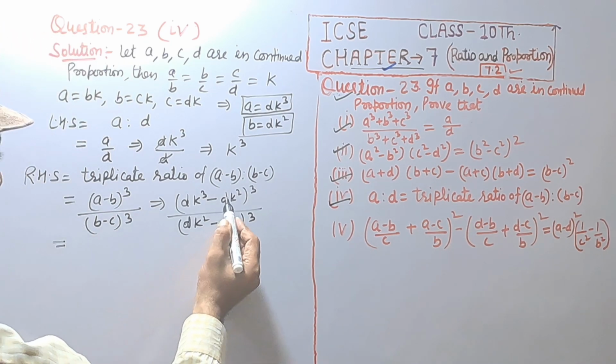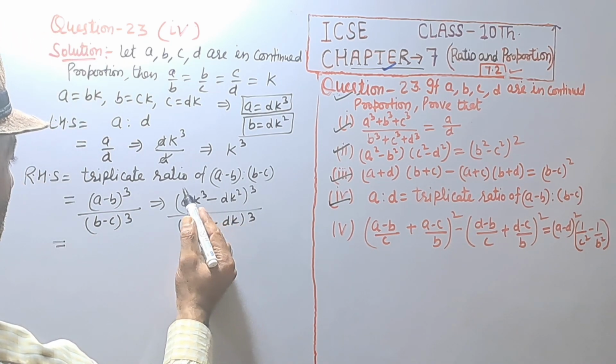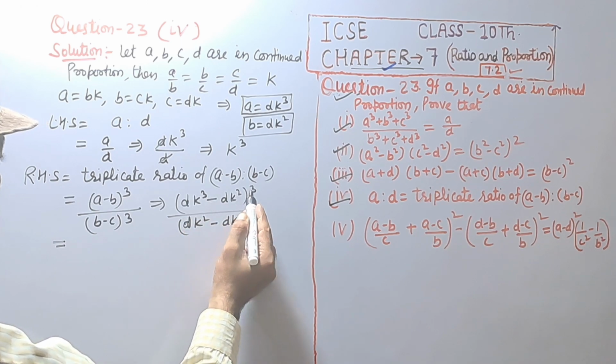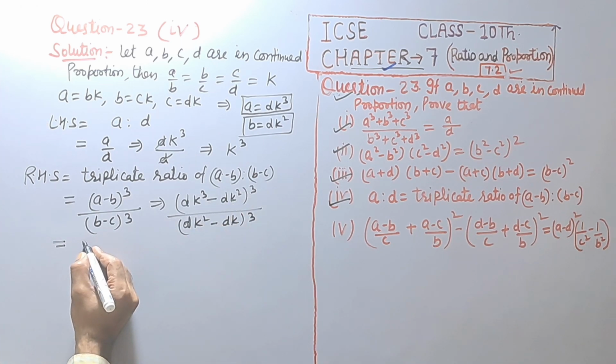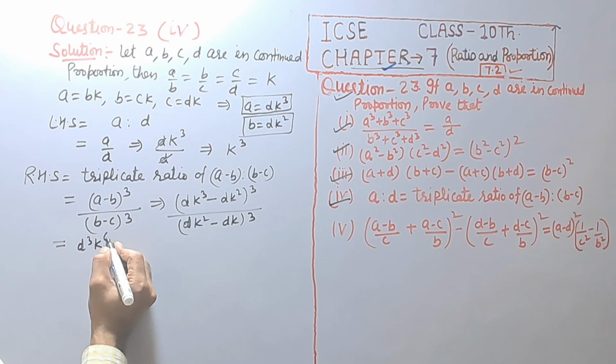That is equal to dk square is common, but dk square all raised to power 3, this will be d raised to power 3 and k raised to power 6.